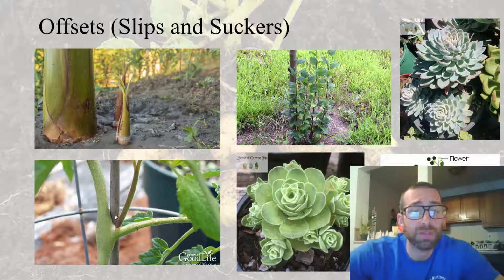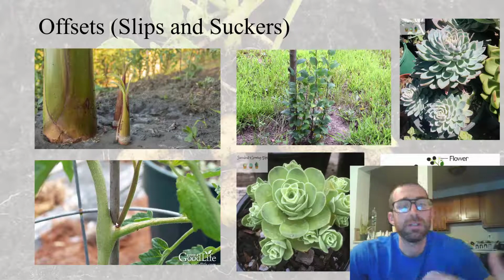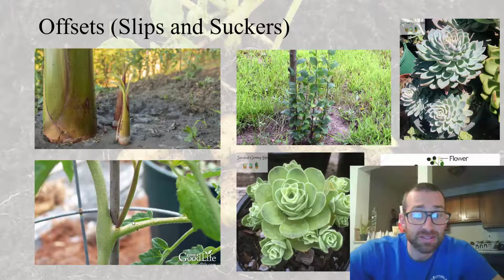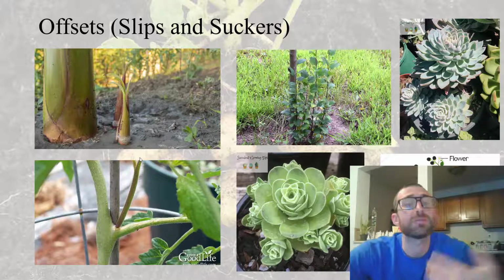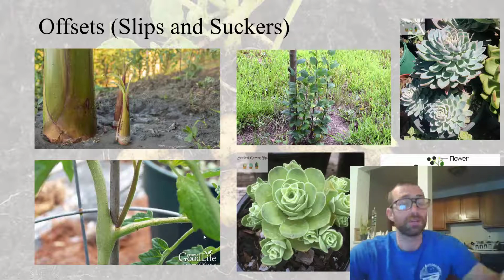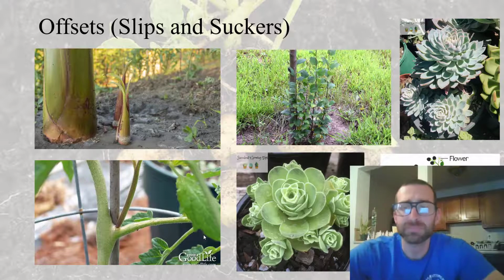When we were talking about tomato plants, the suckers are typically the new shoots that are developing in the axils of our plant. The axil is the space between the main stem and another branch. You'll see new stems that develop in these axils, and we refer to those as suckers. These can be taken off and replanted, and it will develop into a new tomato plant.